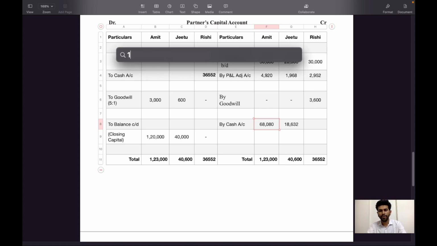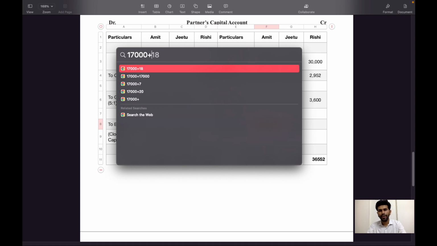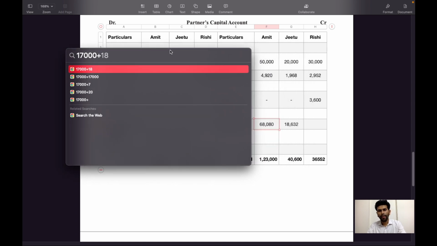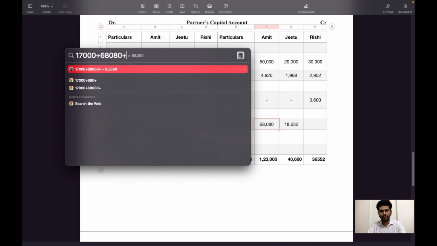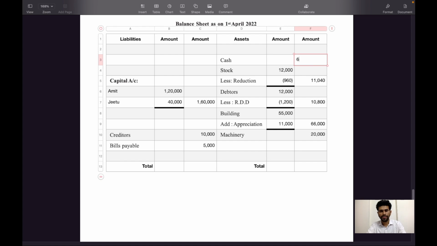So 17,000 rupees opening balance of cash plus amount brought by Amit 68,080 rupees plus amount brought by Jitu 18,632 minus amount paid to Rishi 36,552, 67,160 rupees will be amount of cash. So we have done with all the adjustments.